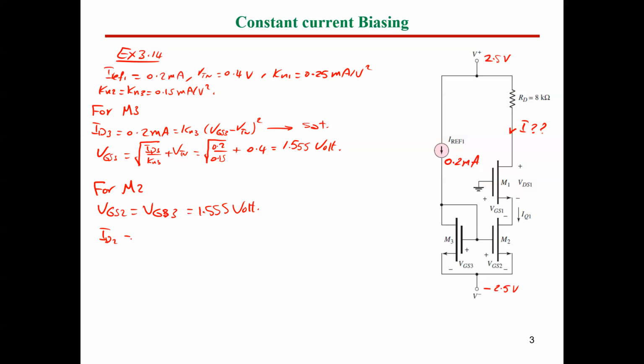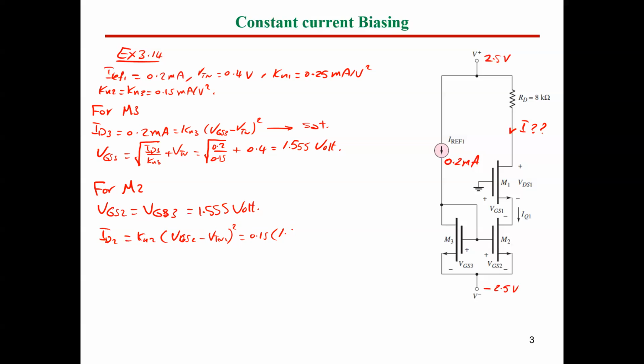So ID2 equals Kn2 times (V gate to source 2 minus V threshold 2) all square. Kn for 2 equals 0.15, so this is 0.15 times V gate to source minus the threshold, all square.